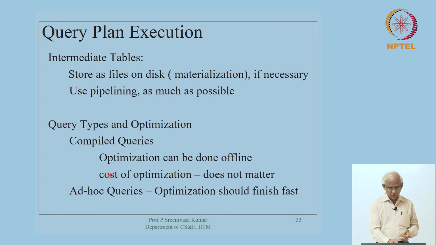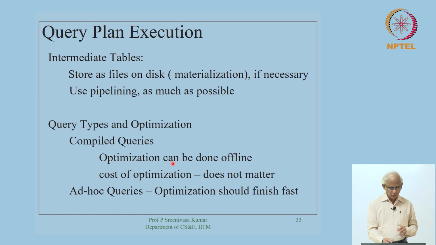Whereas for compiled queries, since you are doing them offline, the optimization can be done offline. The cost of optimization itself may not matter much. Since these compiled queries are going to be executed some hundreds of times, you are better off spending some time figuring out how best to evaluate that query.